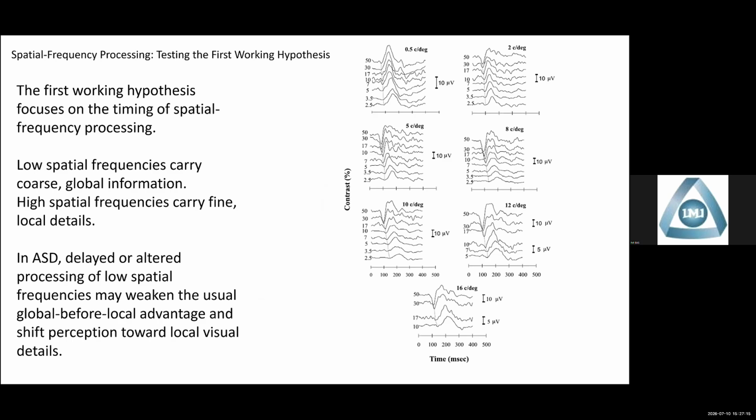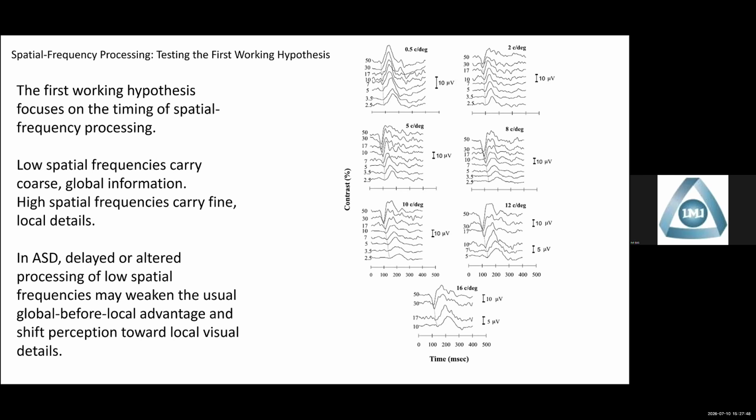The phenomenon of global precedence is partly reflected in this picture. You can see that the stimuli with low spatial frequency are processed and transferred to the cortex much faster than the information with high spatial frequencies.